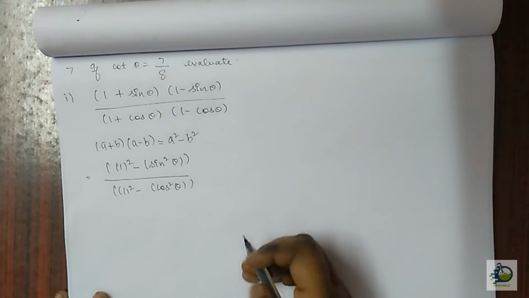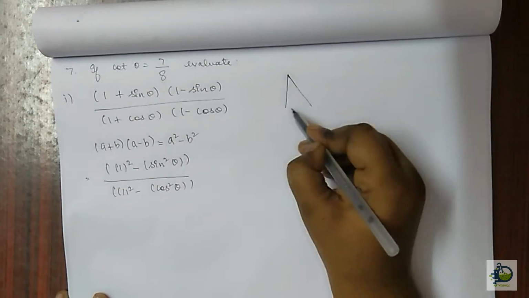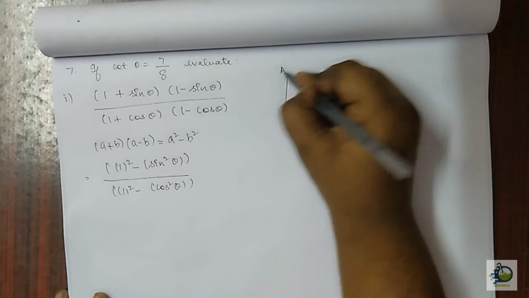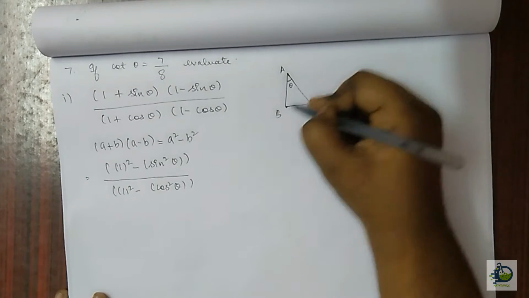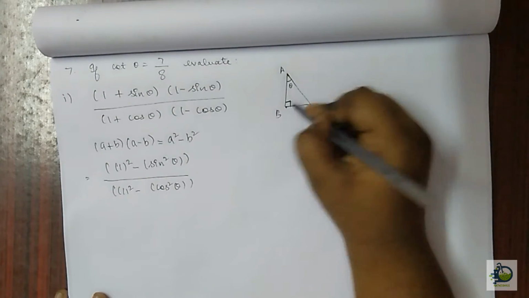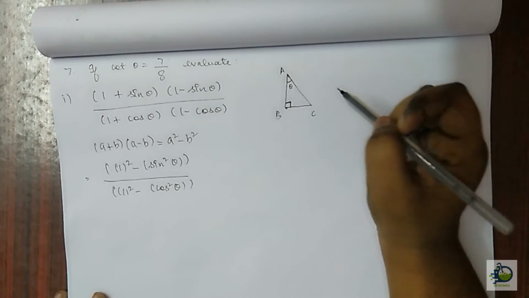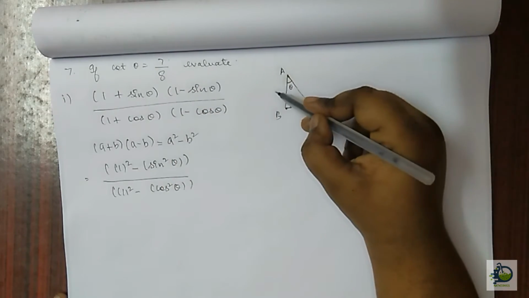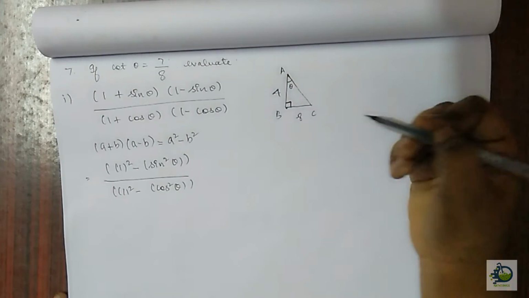It is given that cot theta is equal to 7 by 8. So let us draw a triangle. Let's name it as ABC, and let us consider theta is at A and B is the right angle, and we know that cot theta is equal to 7 by 8. Cot means adjacent by opposite, so 7, and here it must be 8.